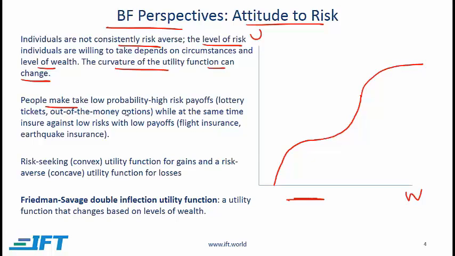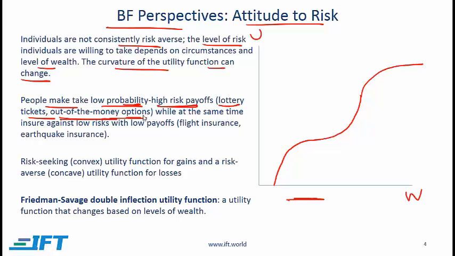People make low probability high risk payoffs, and the example is lottery tickets, or some investors might buy out of the money options with a negative expected value. So this is where people are taking low probability high risk payoffs.